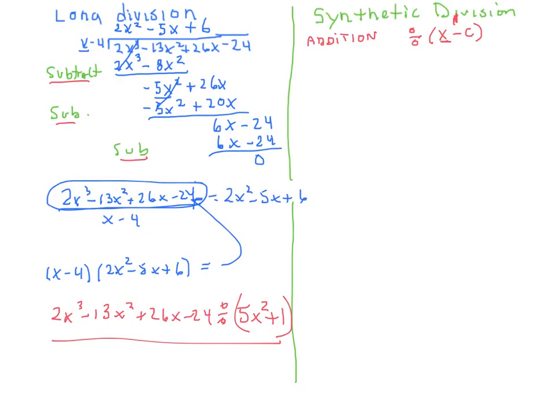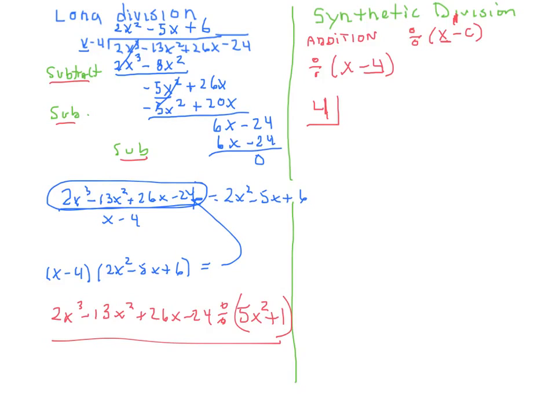All right, now, how is it different? First of all, since we are dividing by x minus 4, the first thing that we do is we write 4 in a little box. Now 4 is the actual location of the 0. It's also the opposite of the integer in my factor binomial.